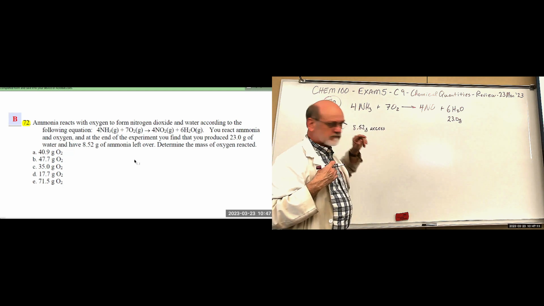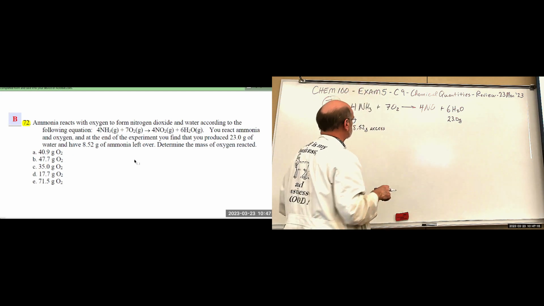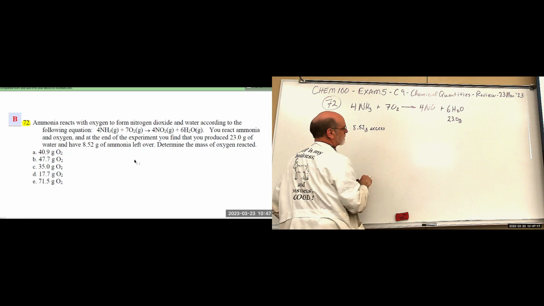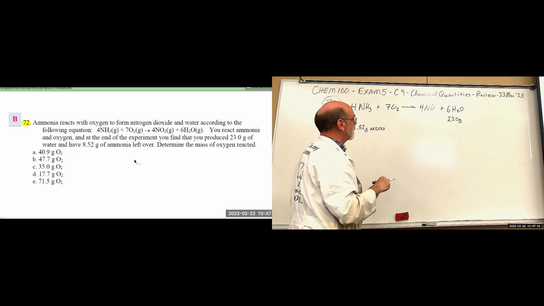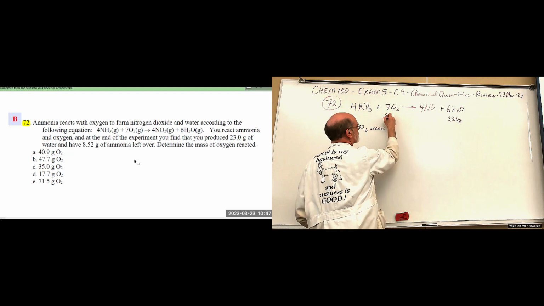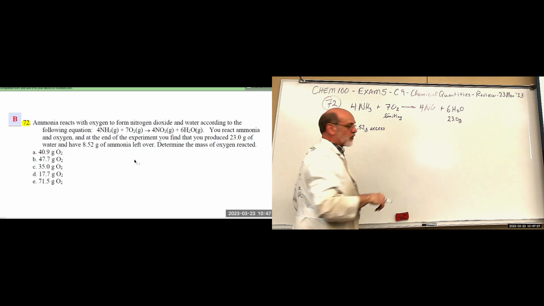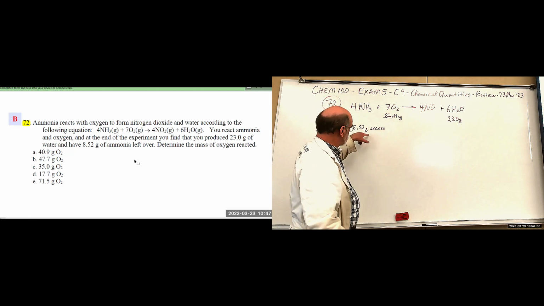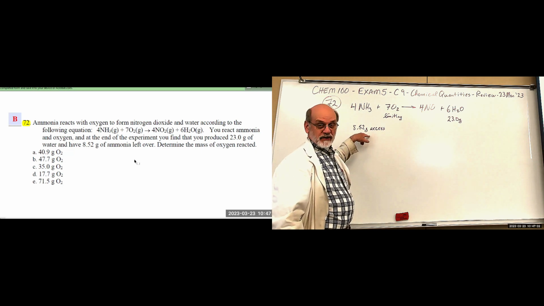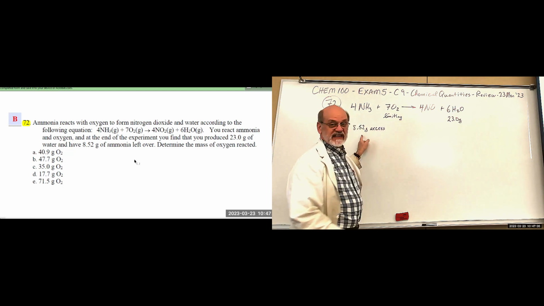So the question is, what's the mass of oxygen reacted? Well, we're saying that this is excess already. That means this is limiting. So the only purpose for this statement of that much left over is to tell us that this is limiting. We don't even need that anymore.